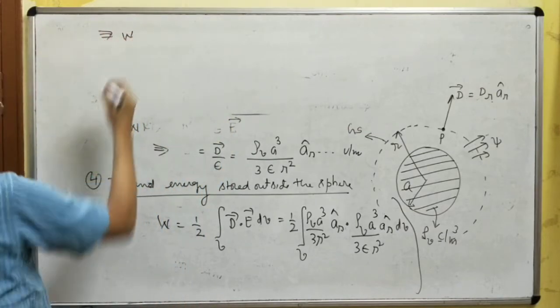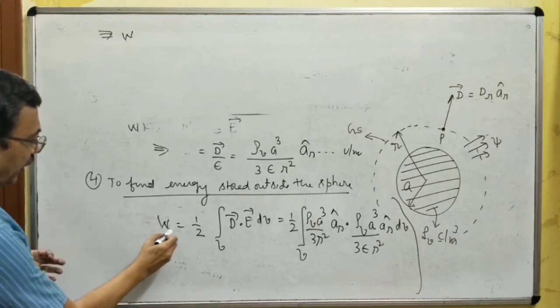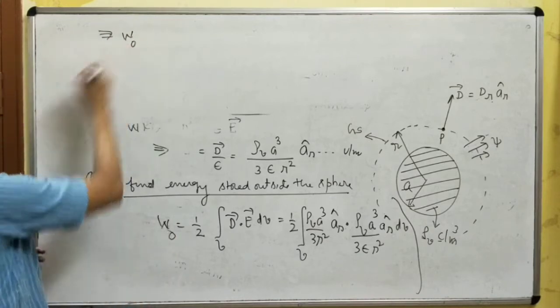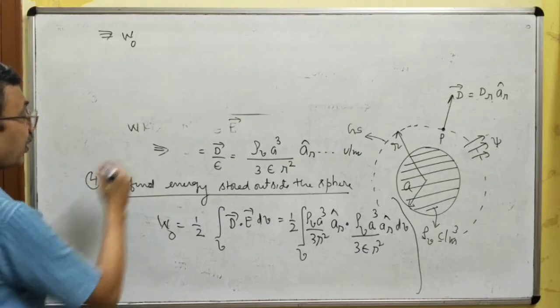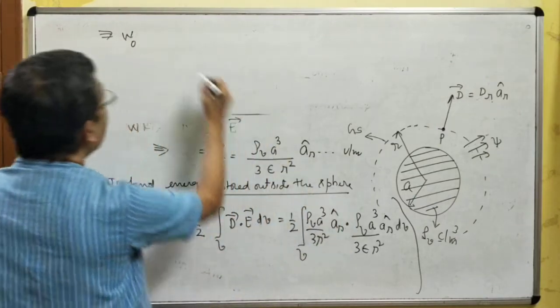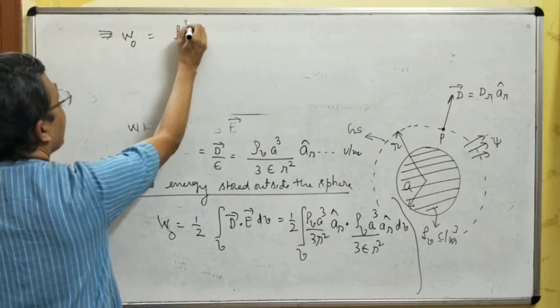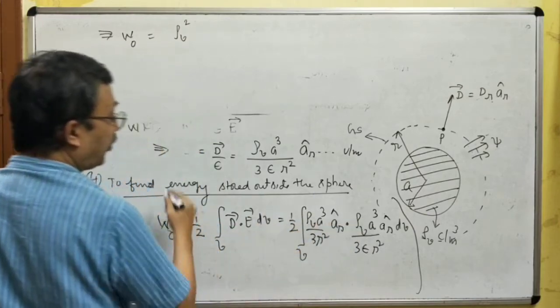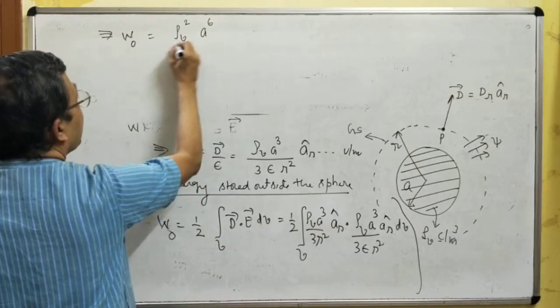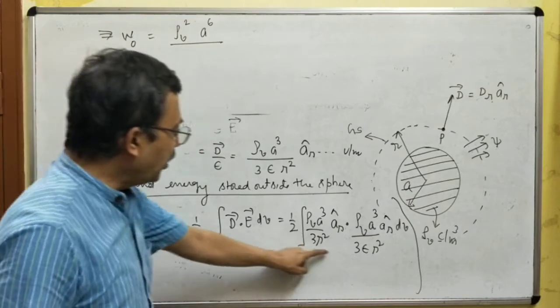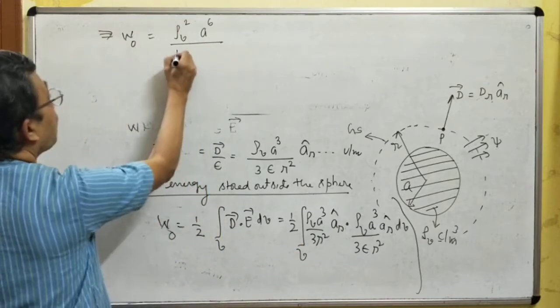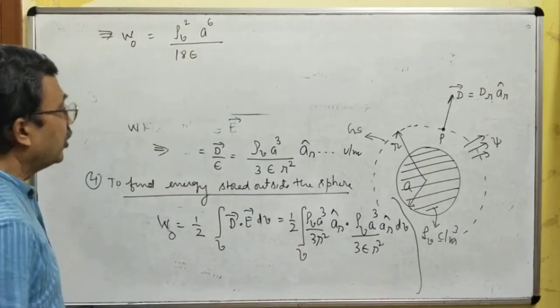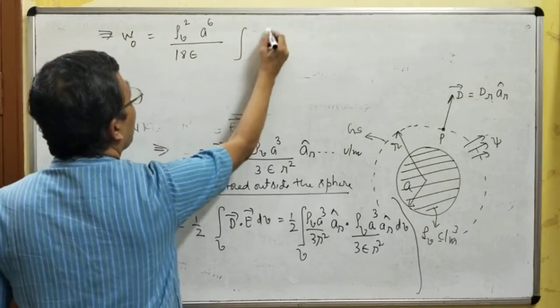So this implies W, this energy stored outside, therefore I will write W_O. W_O means outside, is equal to rho v into rho v is rho v square, a to the power 3 into a to the power 3 is a to the power 6, divided by 3 into 3, 9, 9 into 2 is 18 epsilon. Volume integral is a triple integral.